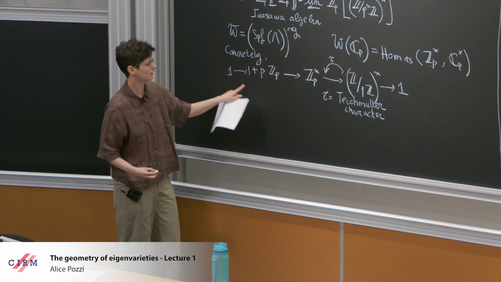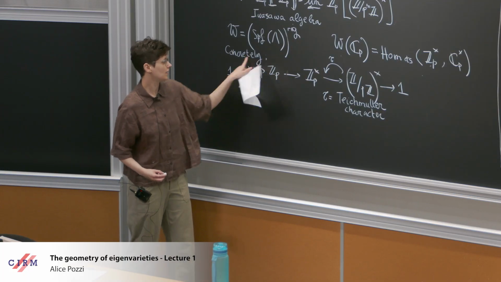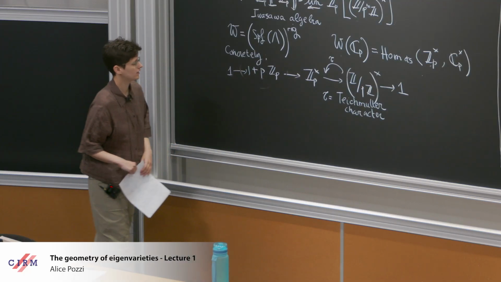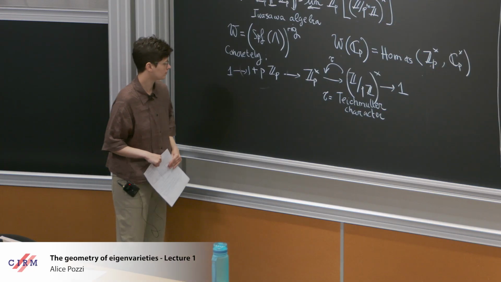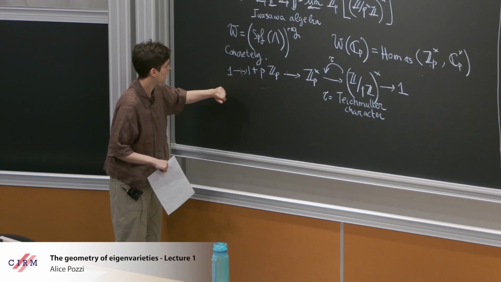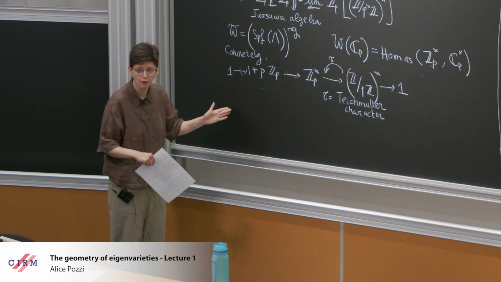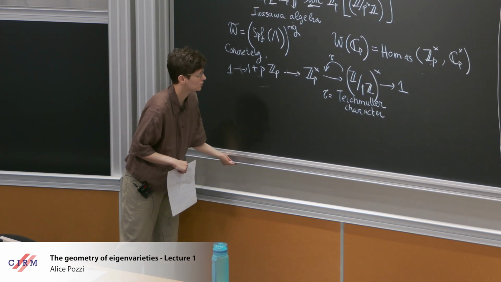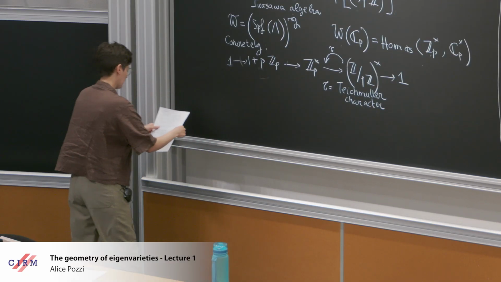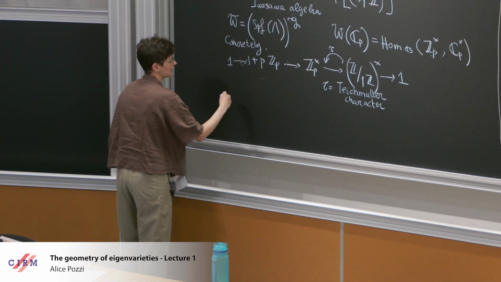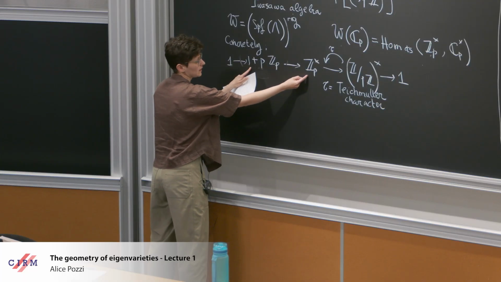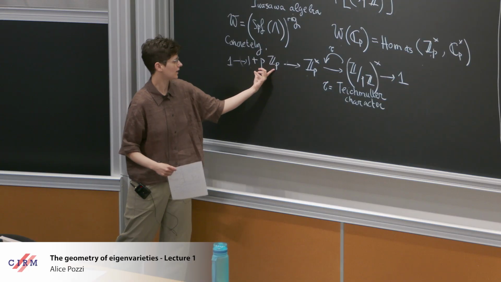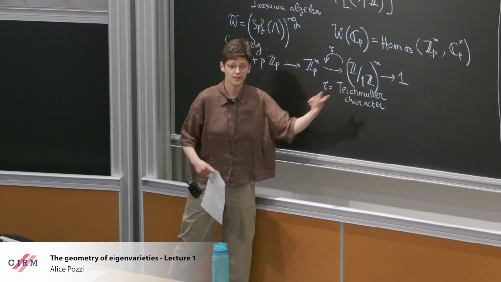The other bit is this part here, which, 1 plus p Zp, can be identified using the p-adic logarithm and exponential maps with Zp itself. So this is a profinite group that is easy to describe as well. Since this splits as a product, I can write characters as a character of this times a character of this.